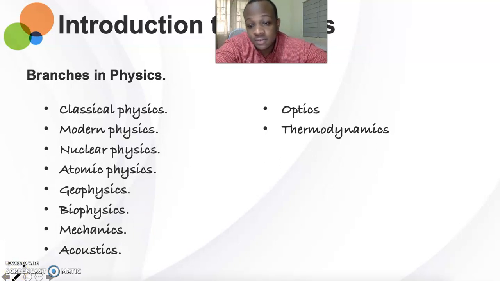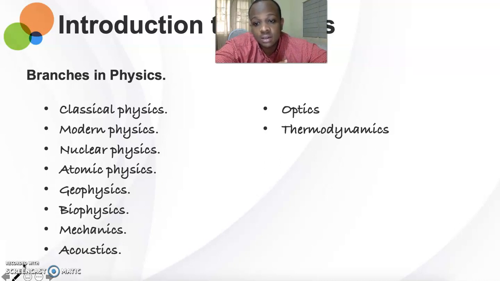Classical physics is basically the fundamental for physics overall. Modern physics started mainly with Isaac Newton. He did work in classical physics, but he laid the foundation in modern physics for pioneers such as Albert Einstein and so forth.